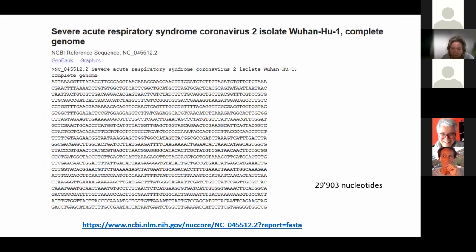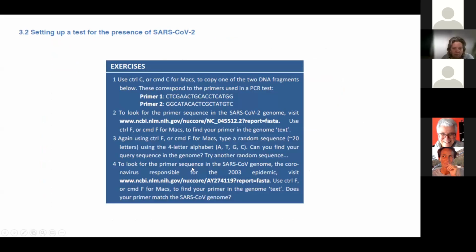So starting from the reference genome of SARS-CoV-2, we first propose an exercise where people can check the specificity of the PCR test. As you may know, there was quite a lot of discussion about the specificity in the coronavirus context.